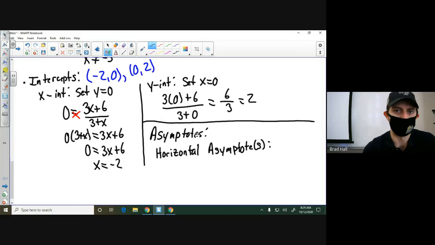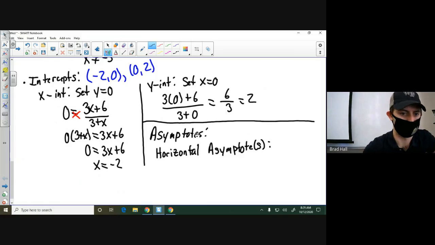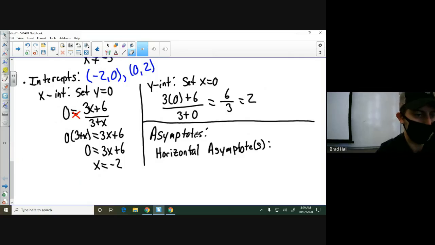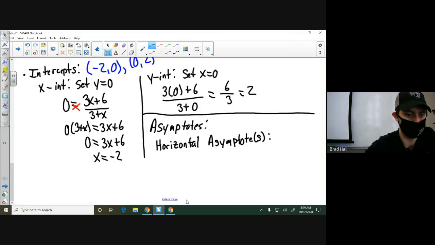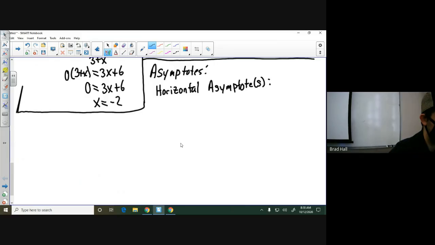It has to deal with the degree of the numerator and the denominator. So I'm just going to go ahead and rewrite the function over here, just so we can look at it.